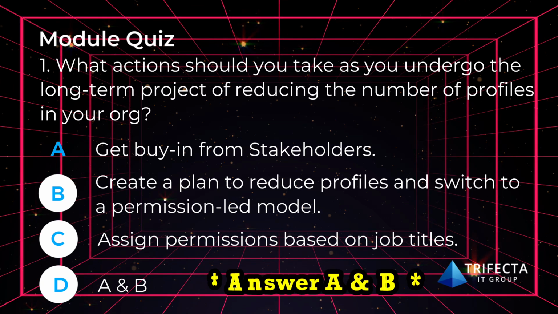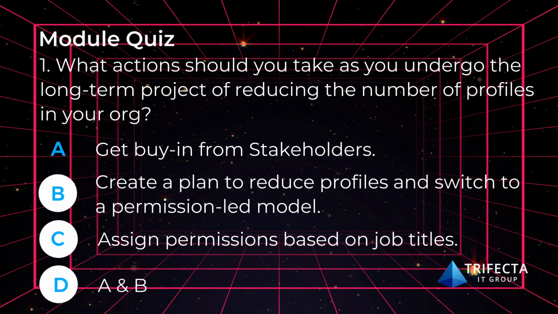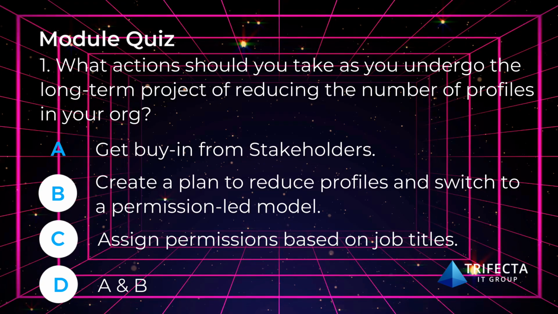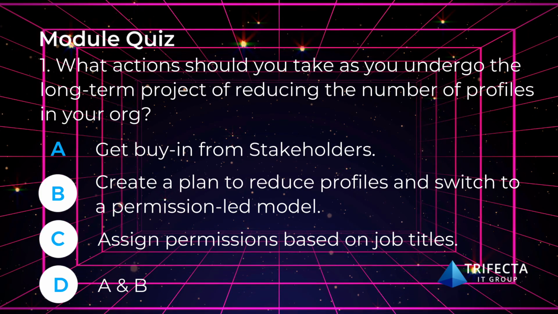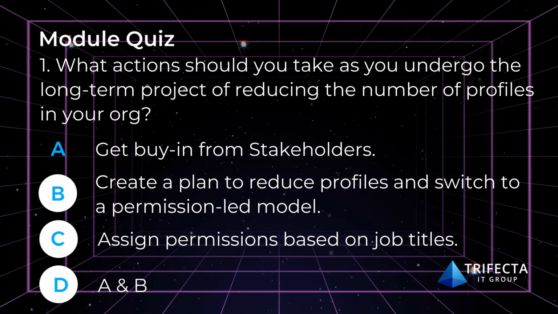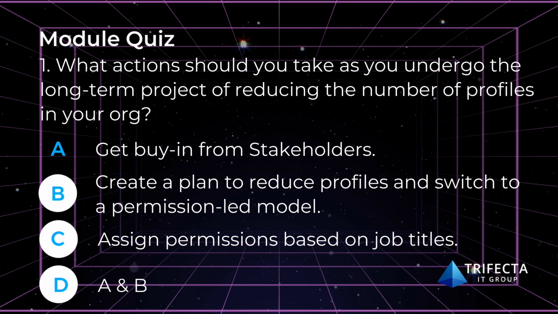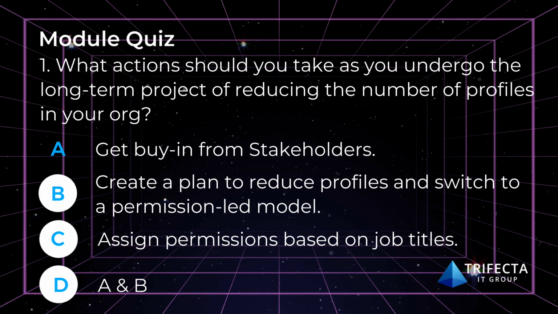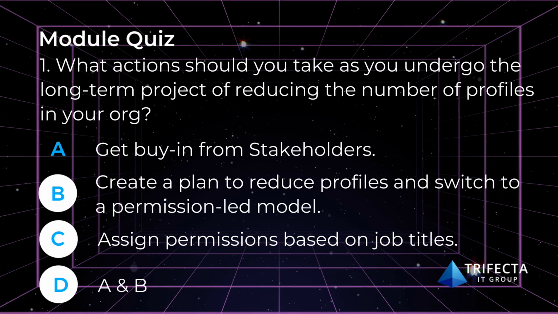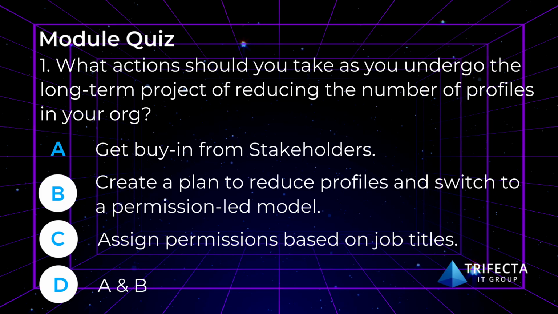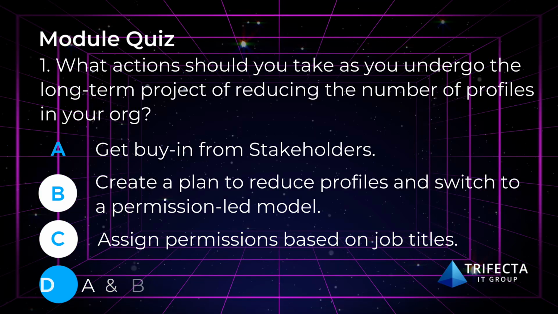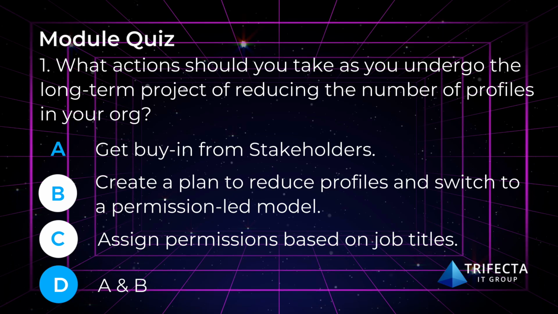A and B. On this question, I think the key is the long-term way of reducing the number of profiles. Job titles are great, but I think there's more than one answer here, if you ask me. If you said D, A and B, you are correct.